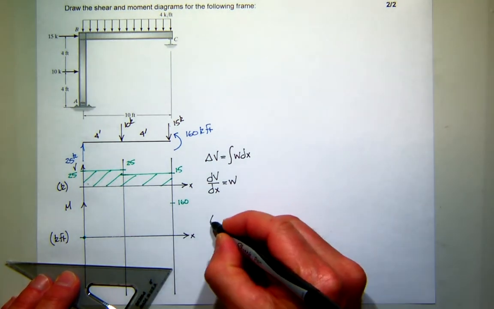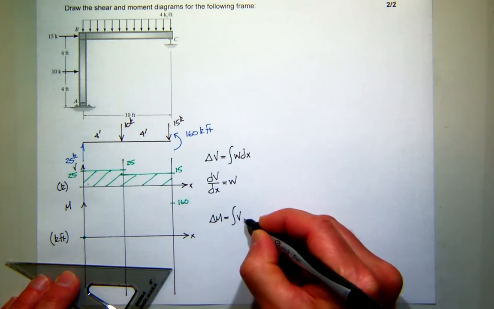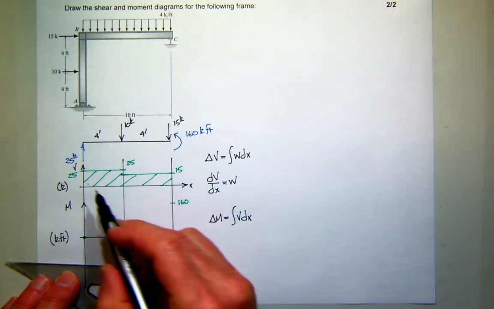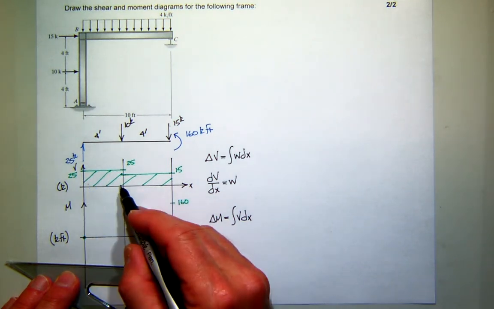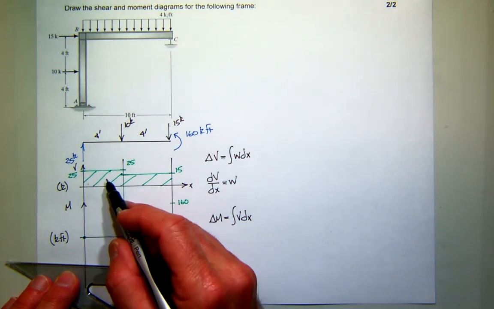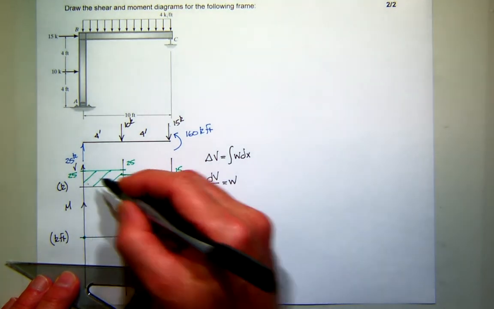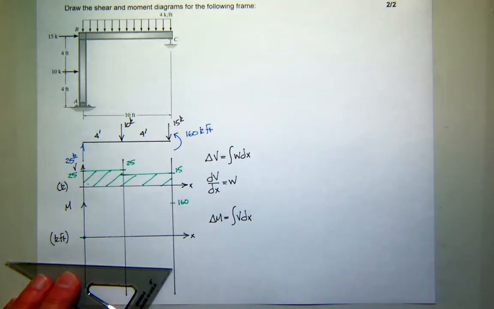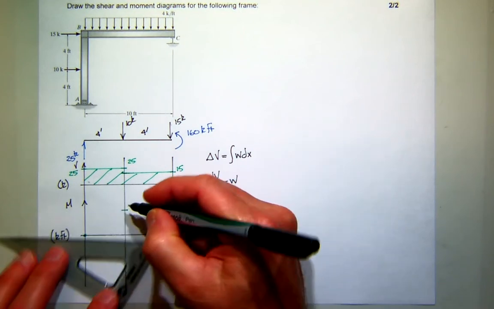So I know that the change in moment is the area under the shear diagram. So over the first 4 feet, what's the area under the shear diagram? It's a rectangle, so it'll be base times height. 4 times 25 is 100. That's positive. So that means I go up to 100.